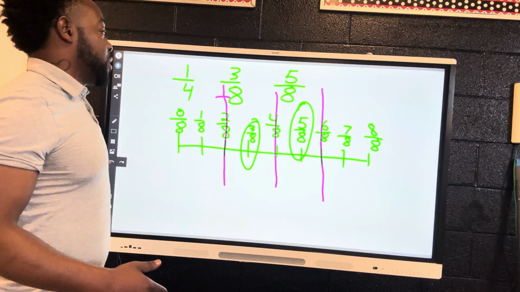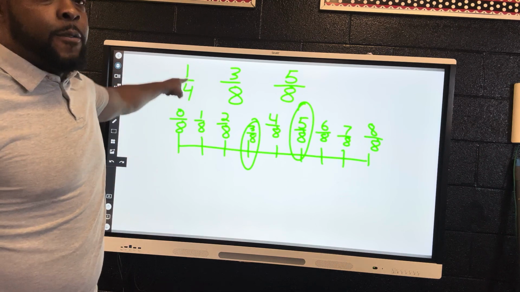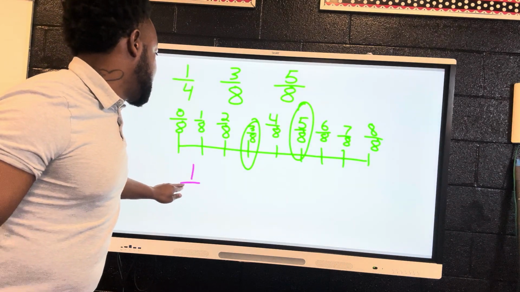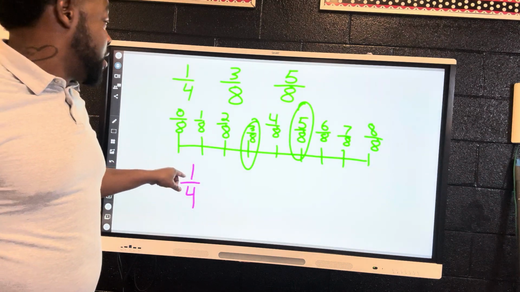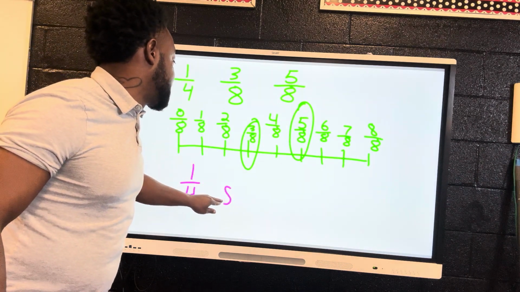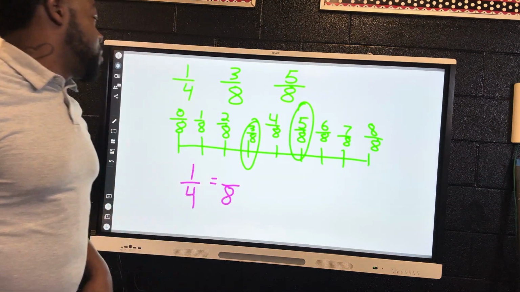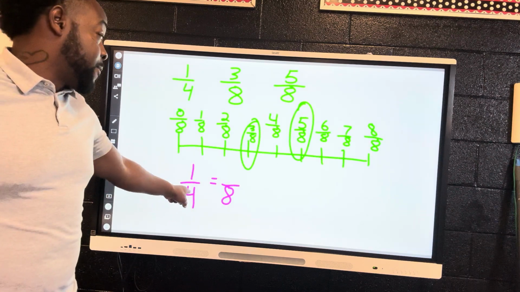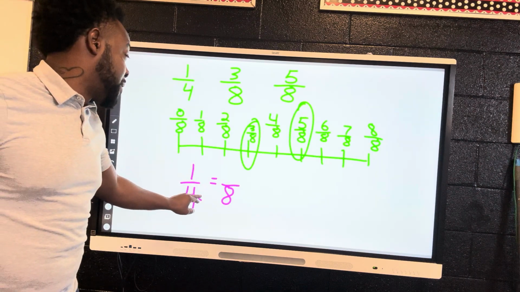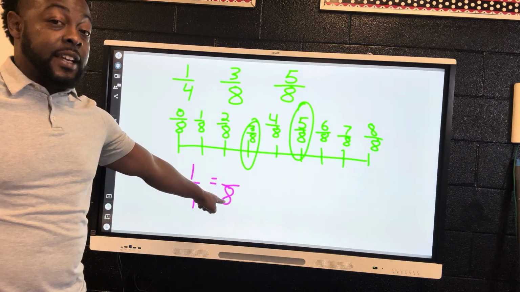Another way we can do this is we could take this 1/4 and say, you know what? This 1/4, I need this to be in eighths. So I need to figure out what eighth equals 1/4. Well, I know to get from 4 to 8, and I taught the students about equivalent fractions, I had to multiply by 2 to get to 8.